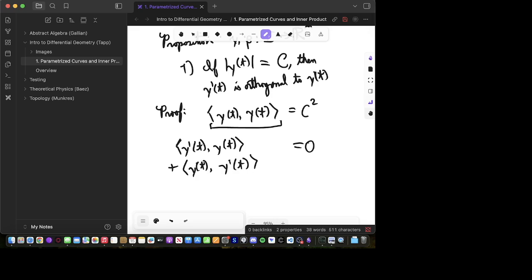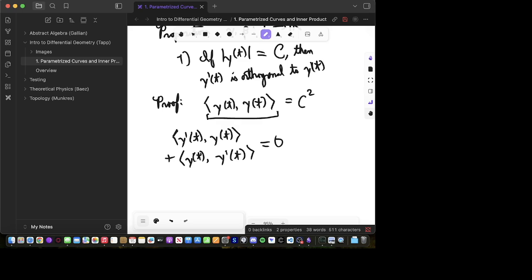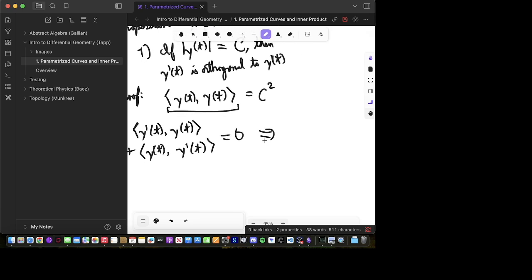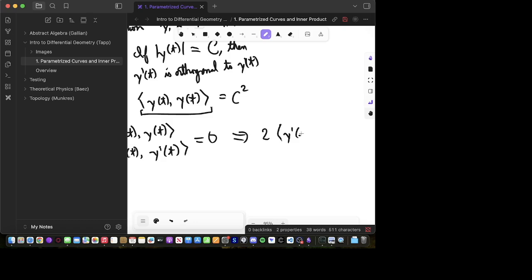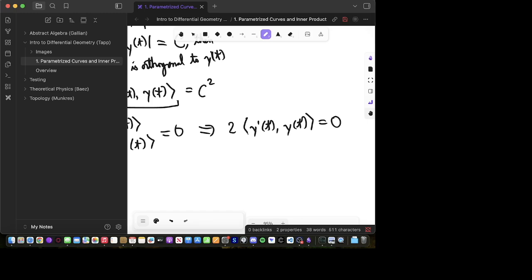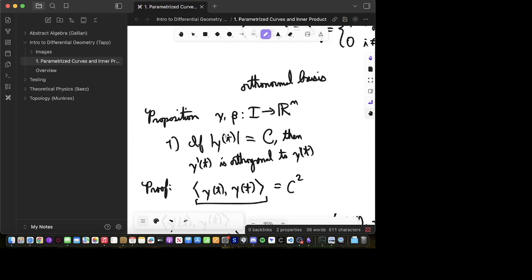And as you can see, since the inner product is symmetric, we can say 2 times the inner product of the derivative and the curve is equal to 0. And therefore, we have that. And recall the definition of orthogonal vectors. If the inner product between the two is 0, then they're orthogonal. Therefore, the curve and its derivative are orthogonal. And that proves this.